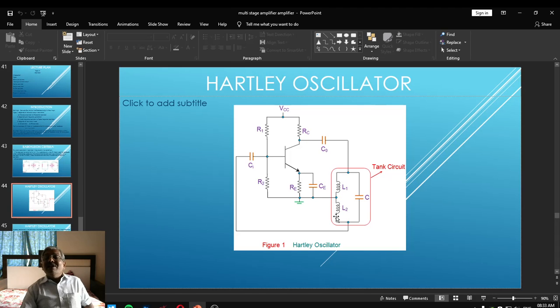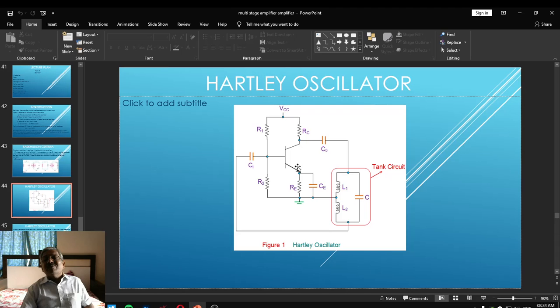This will continue till the capacitor fully discharges and the steady state of magnetization is reached. Again the magnetic flux collapses and the capacitor will start charging with the previous polarity, that is upper terminal positive and lower terminal negative. When the lower terminal becomes negative, the emitter and base are reverse biased and the transistor is turned off.